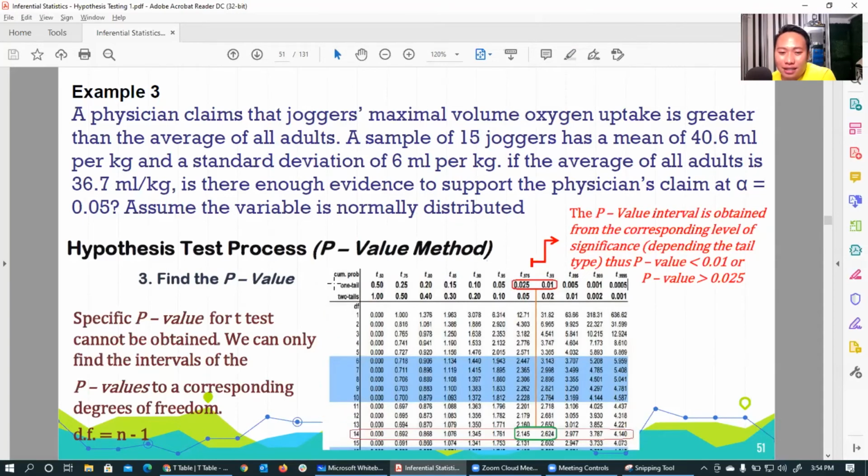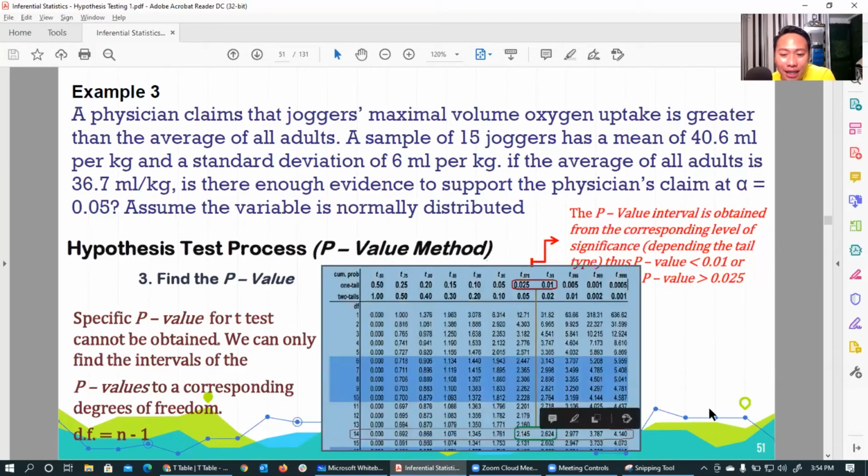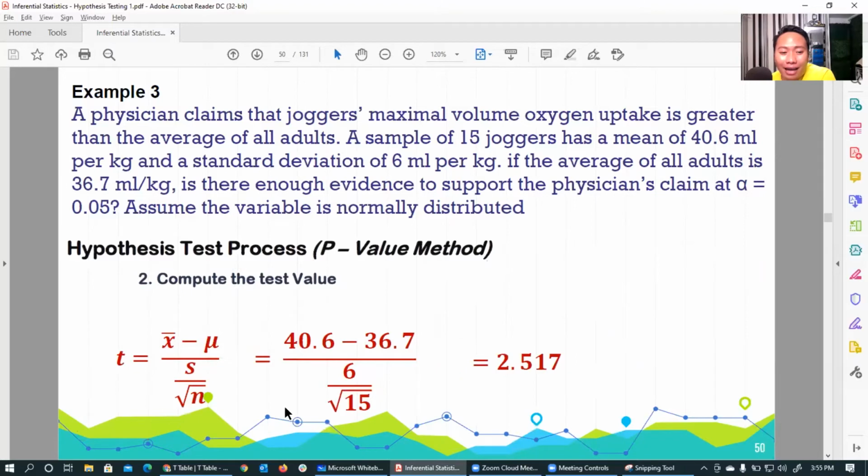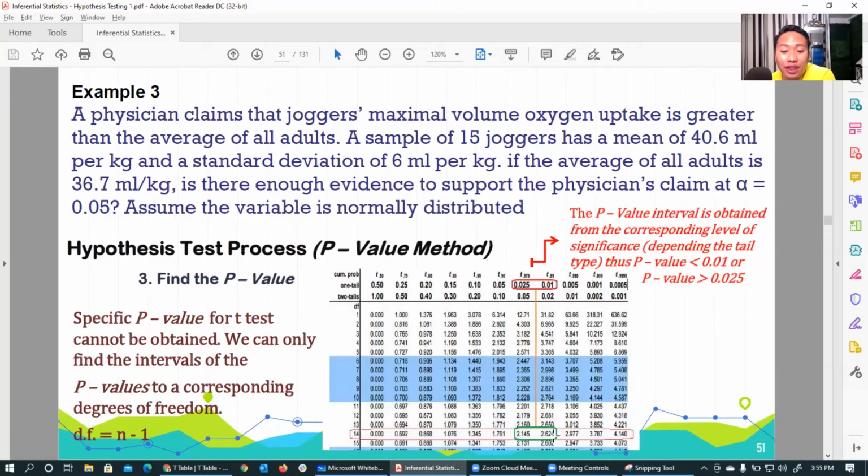Now, what happened to this green box, the 2.145 and 2.624? Why not other numbers? The reason is that if you go back to step 2, the value we solved is 2.517. This 2.517 falls within this interval. Do you notice that?